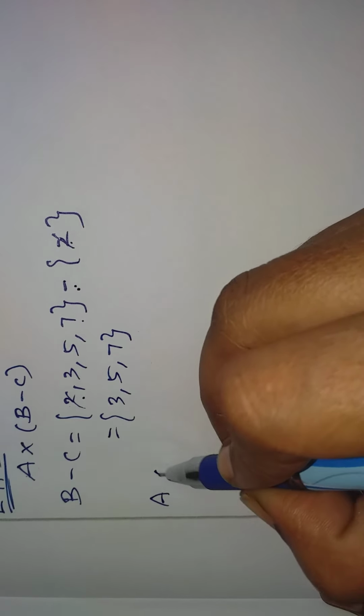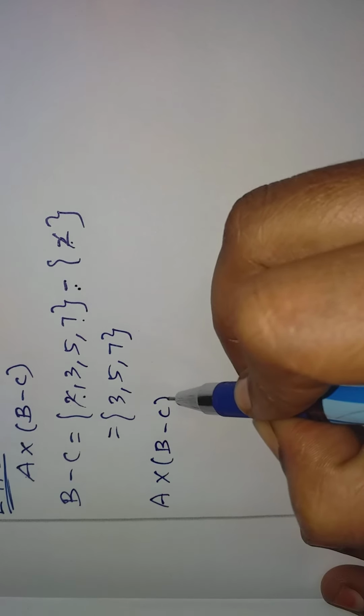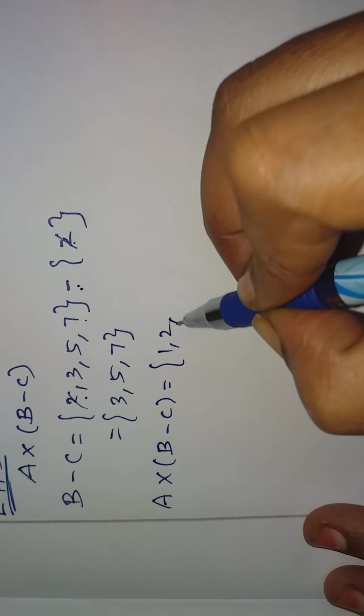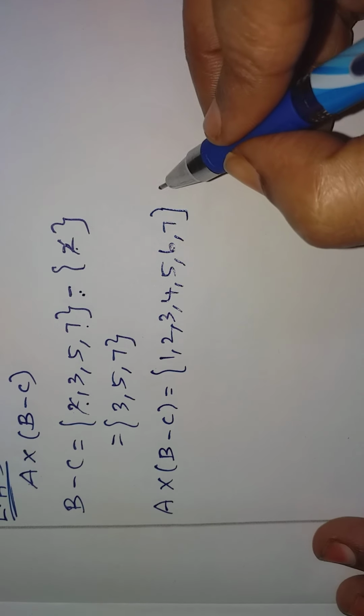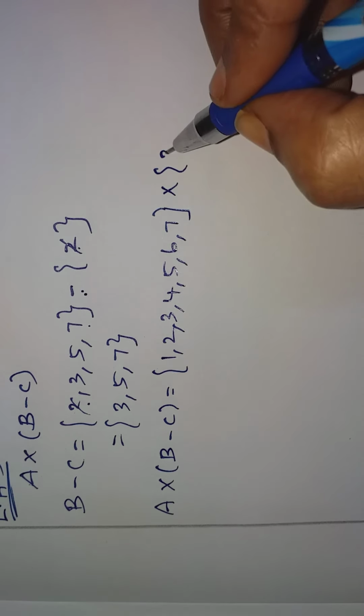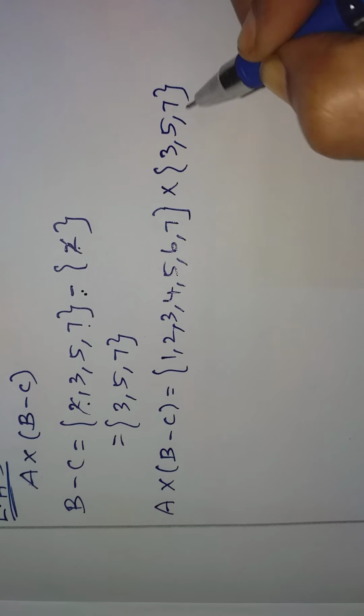After that, A cross B difference C. A set we have 1, 2, 3, 4, 5, 6, 7, cross B difference C, which is 3, 5, 7.